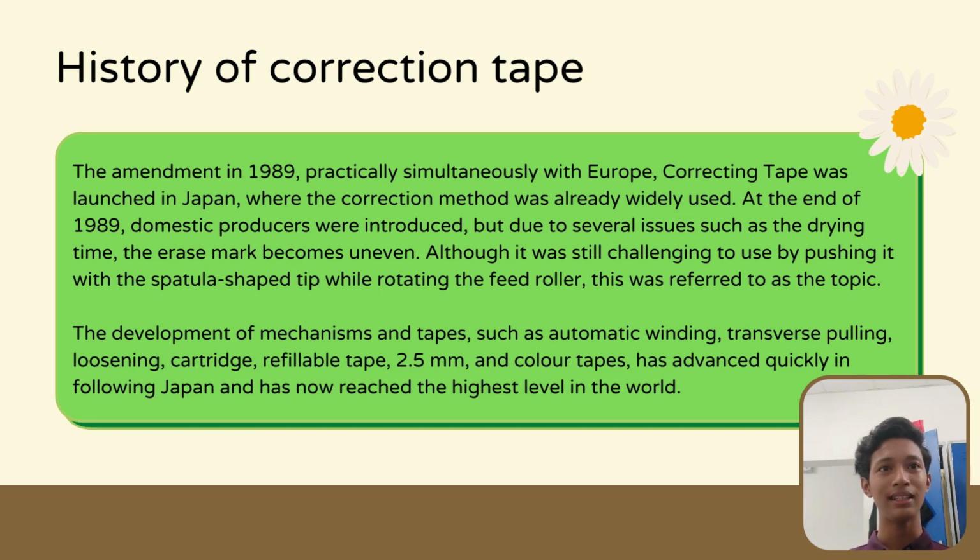It was still challenging to use by pushing it with the spatula-shaped tip while rotating the feed roller. The development of mechanisms and types, such as automatically winding, transversal pulling, refillable tapes, 2.5 mm and color tapes, has advanced quickly following Japan's and has now reached the highest level in the world.